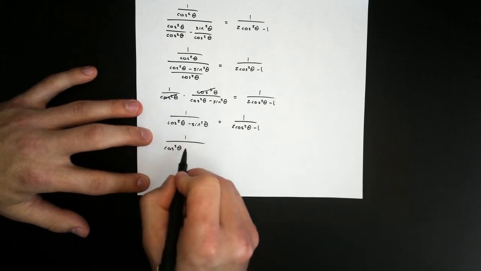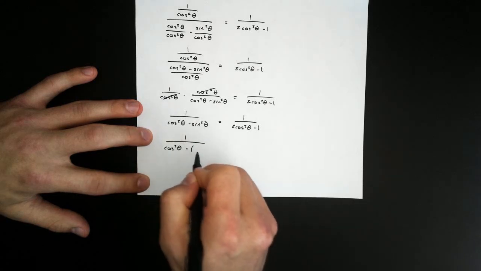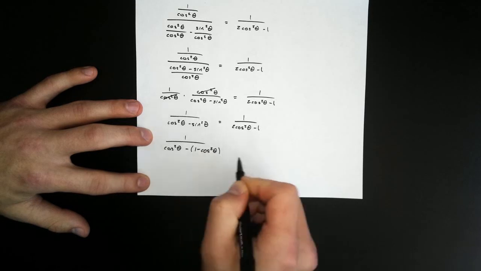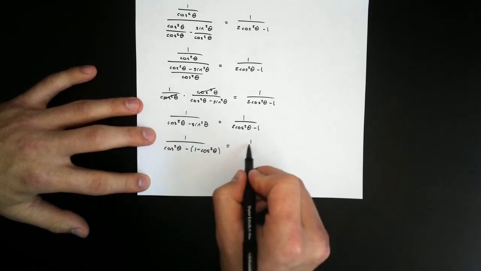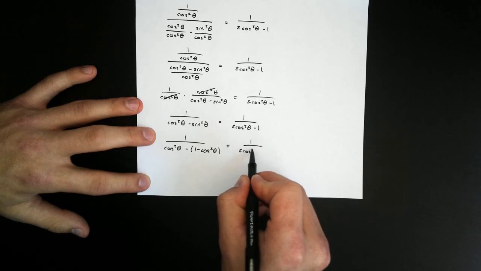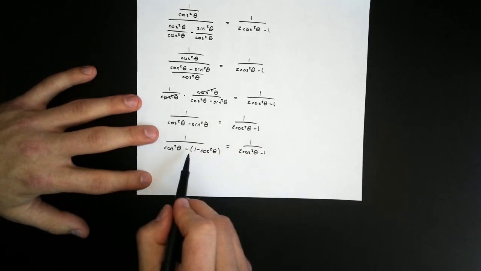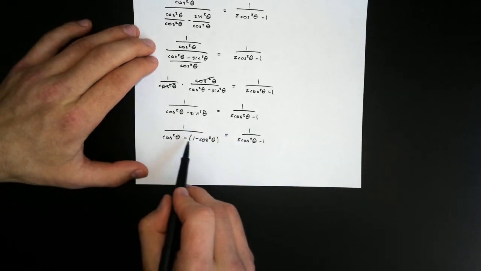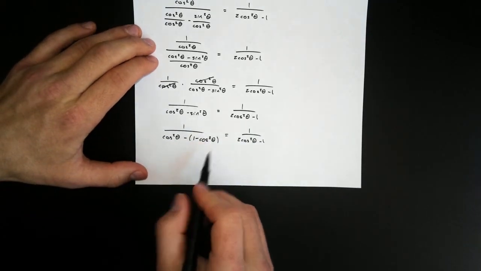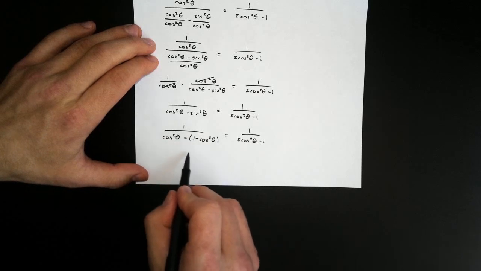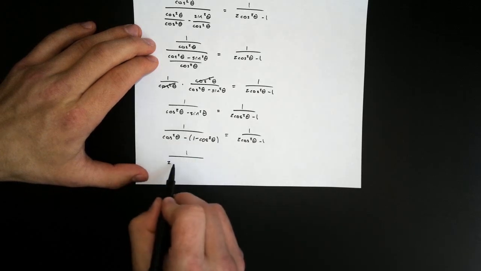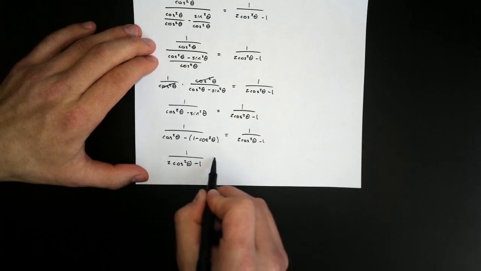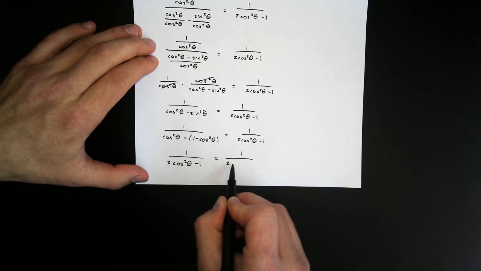So I'm going to take sine squared and substitute in 1 minus cosine squared, that's my Pythagorean identity there. And then doing that, hopefully we can see we'll distribute this negative. This will turn into plus cosine squared, and that'll turn into minus 1. So we end up with 1 over 2 cosine squared of theta minus 1, which is what we're looking for.